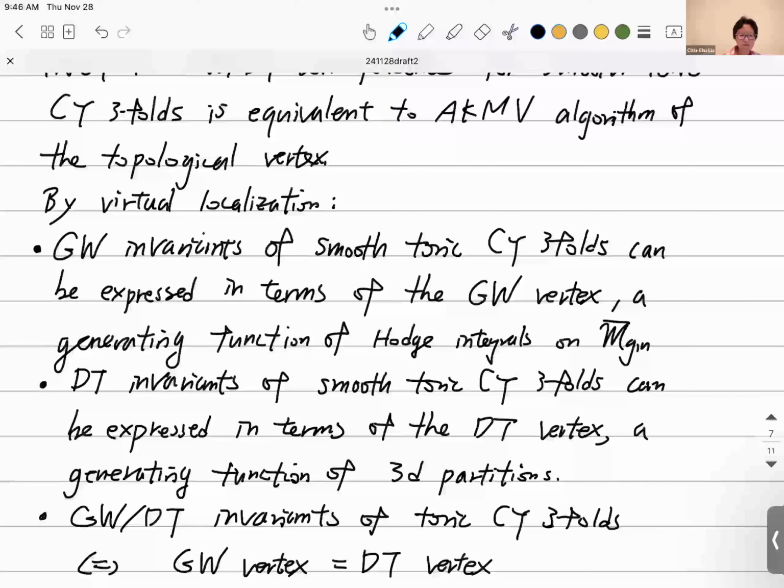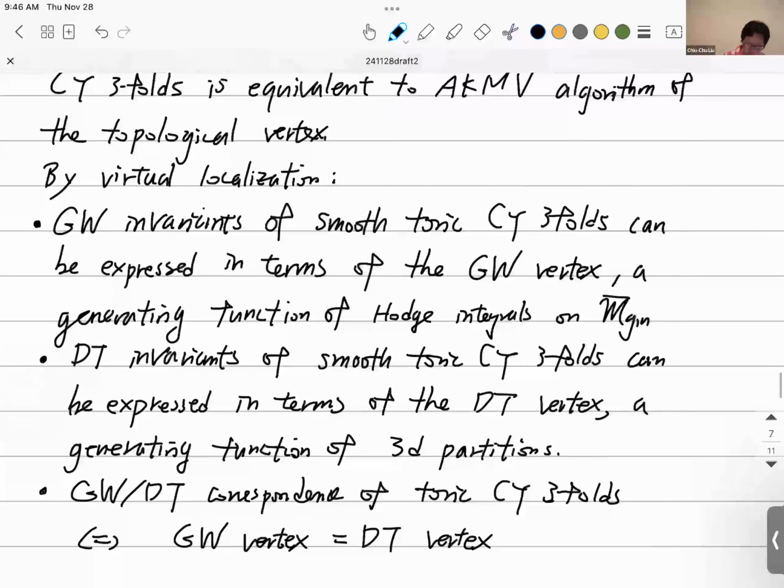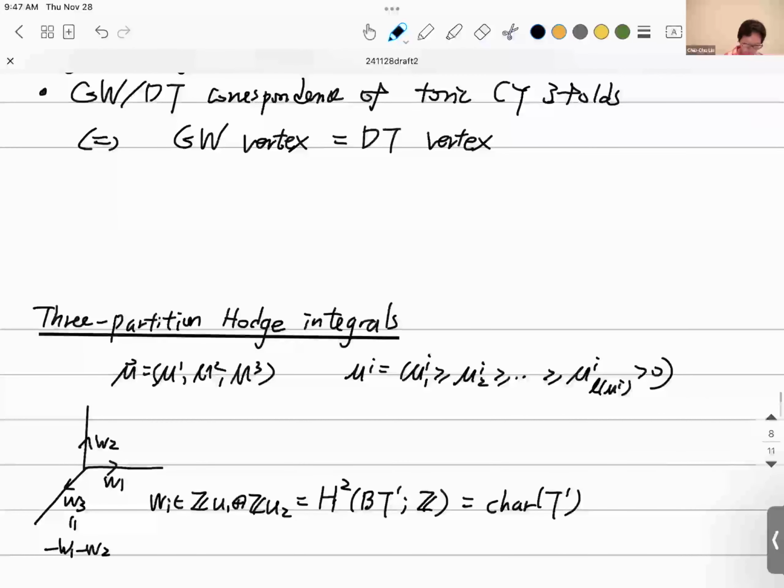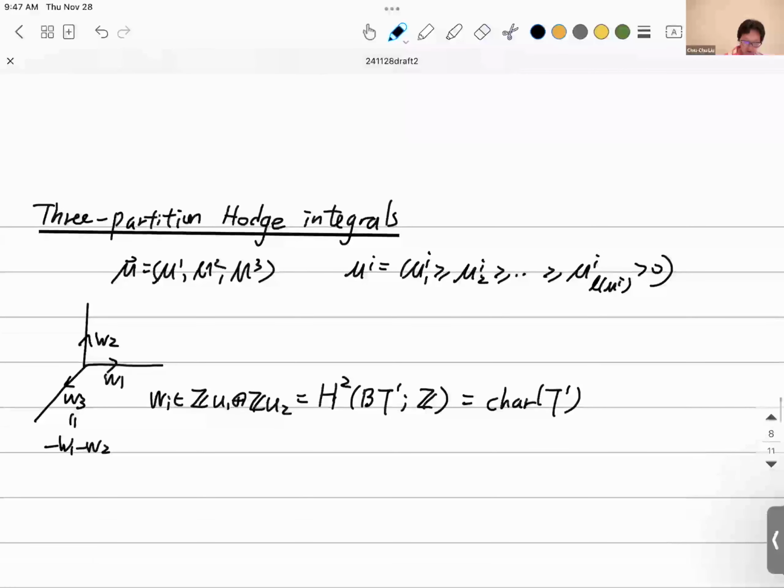Sorry, I should say that by localization, the Gromov-Witten DT correspondence of toric Calabi-Yau threefolds can be reduced to the equality of the Gromov-Witten vertex and the DT vertex.